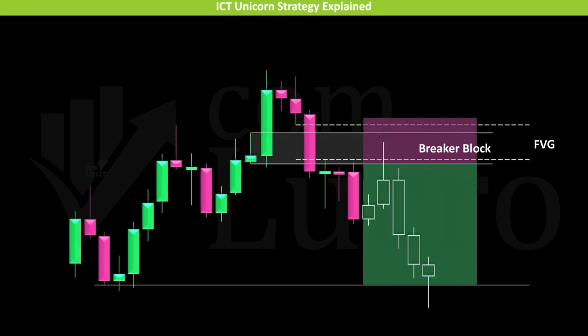When price returns to this area, the probability increases that it will behave as a strong supply zone and push price lower. In this situation, the entry is taken at the start of the zone. The stop loss is placed above it, and targets are set at the next key area ahead of price. The same logic applies in bullish scenarios, just in the opposite direction.